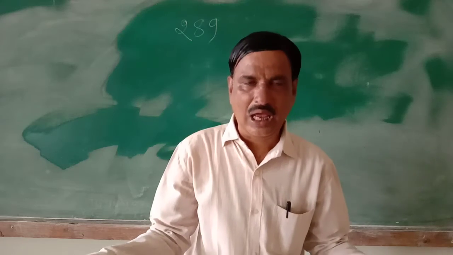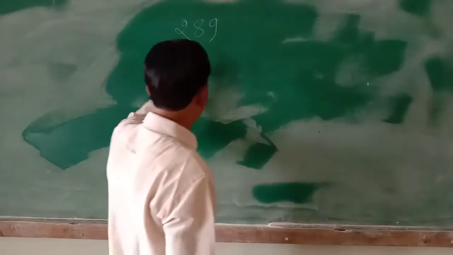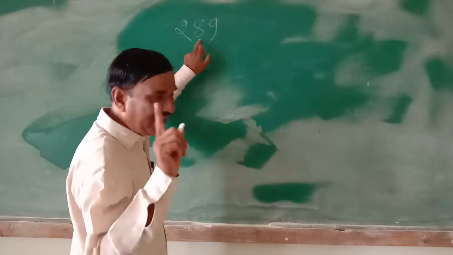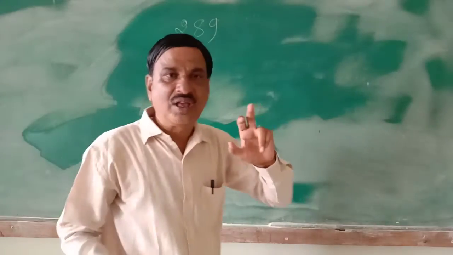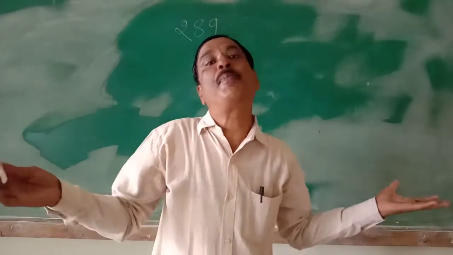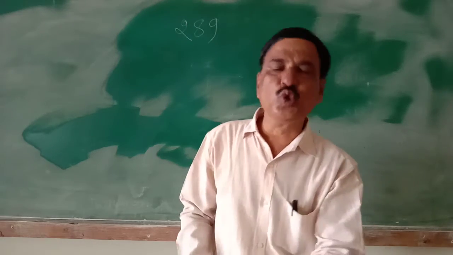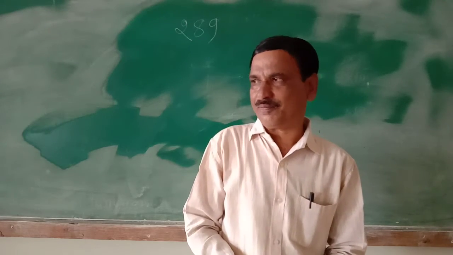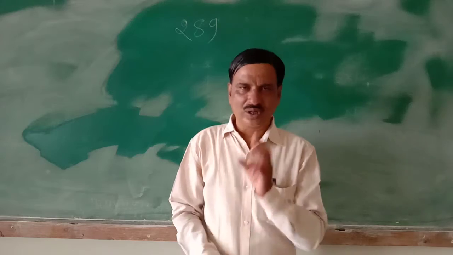Because obviously there are 3 digits, 2, 8, 9, and all of them belong to the decimal digit set, 0 to 9.